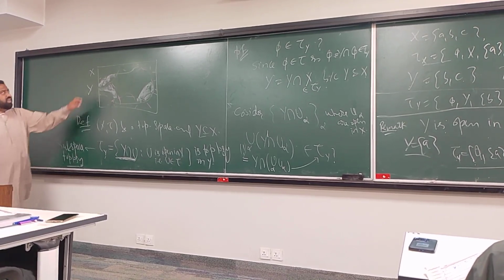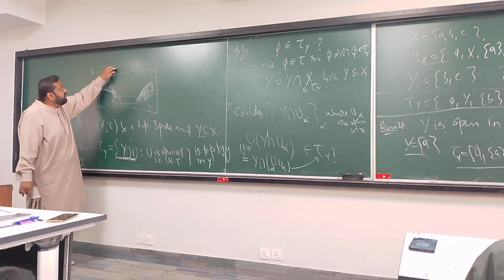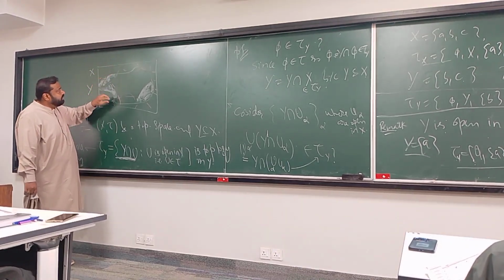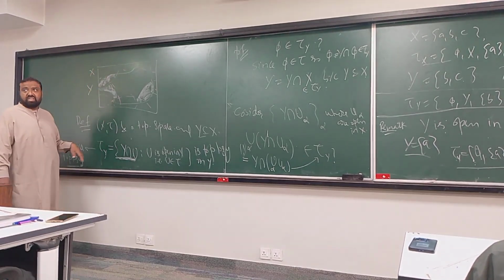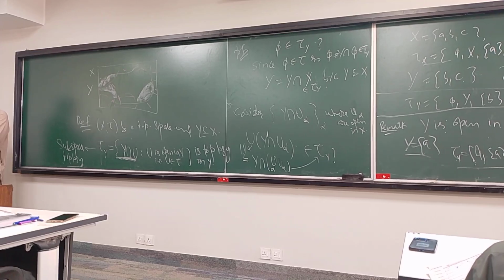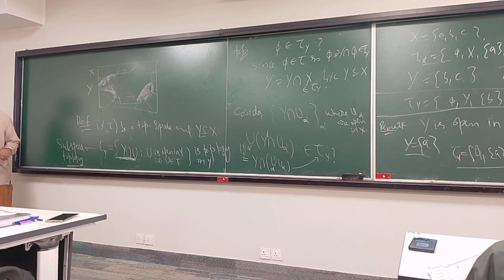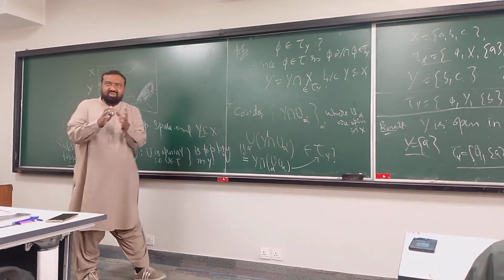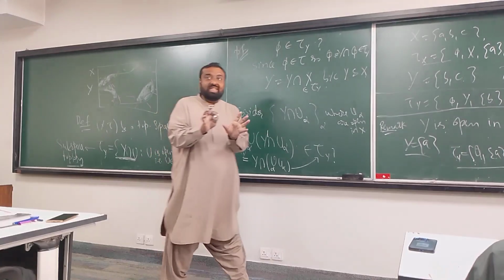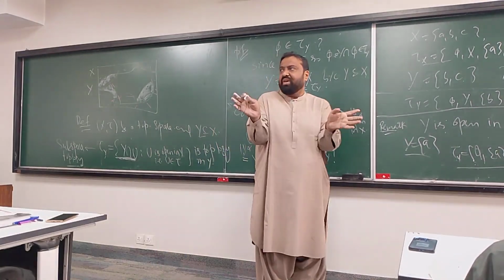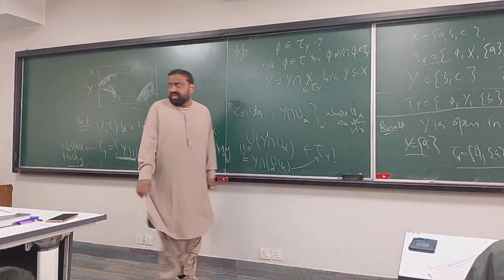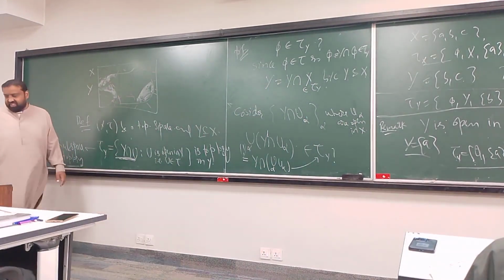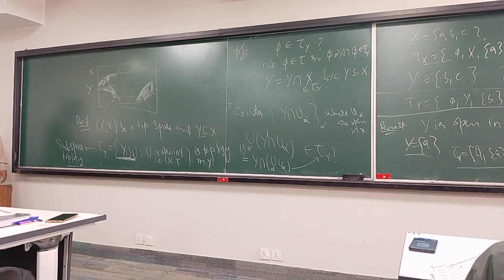But you can't necessarily cover the entire x with these parts. ठीक है? हाँ, if you are taking the basis of a topology, then there are going to be open sets that are going to cover everything. ठीक है?